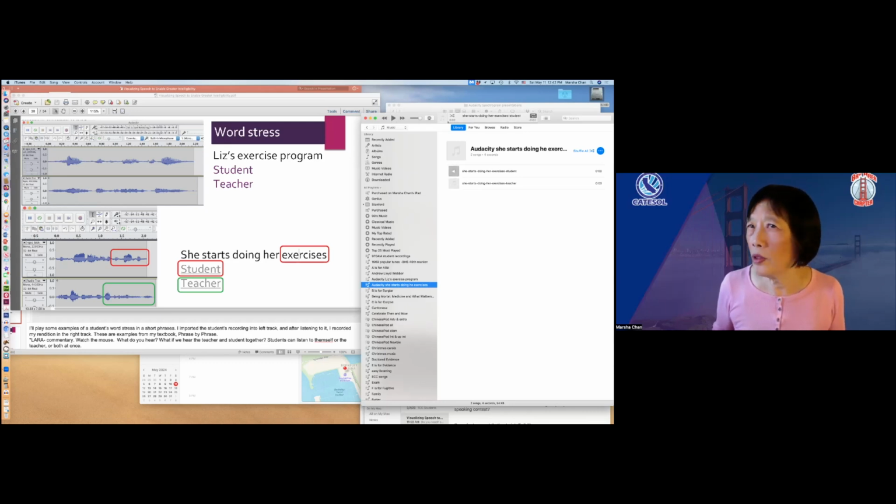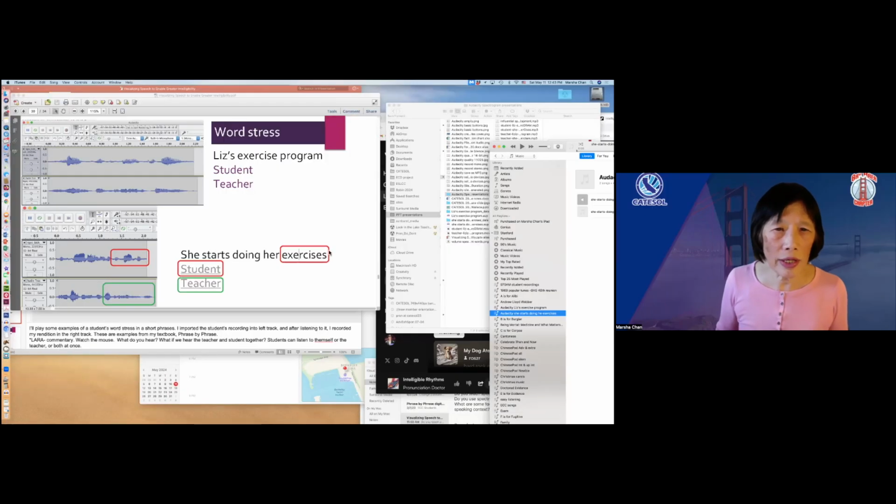So are you able to hear and perhaps notice in the spectrogram some differences? What do you see here? Right, so he uses the exercise, stress on the size instead of exercises.